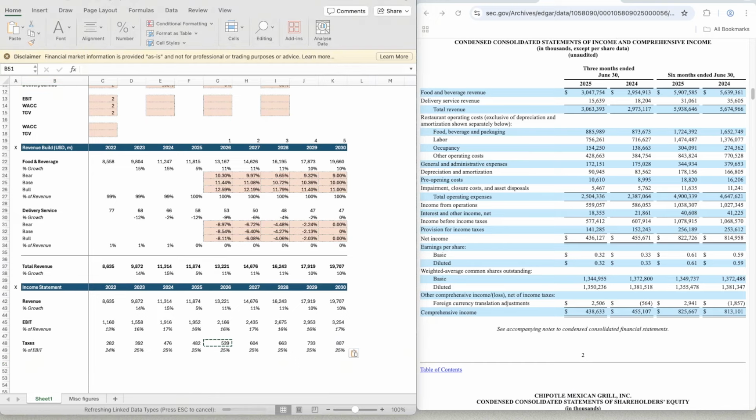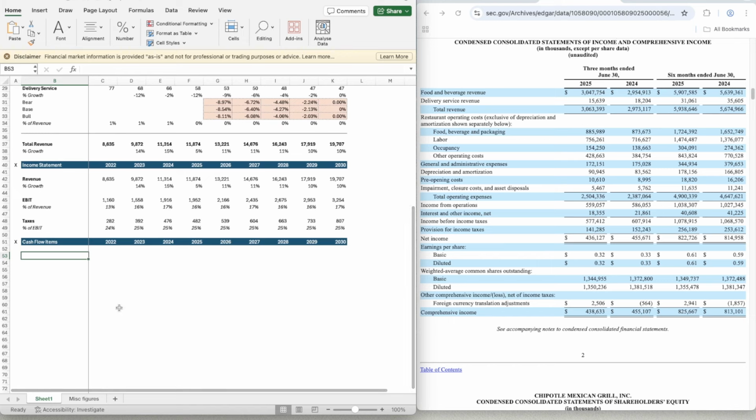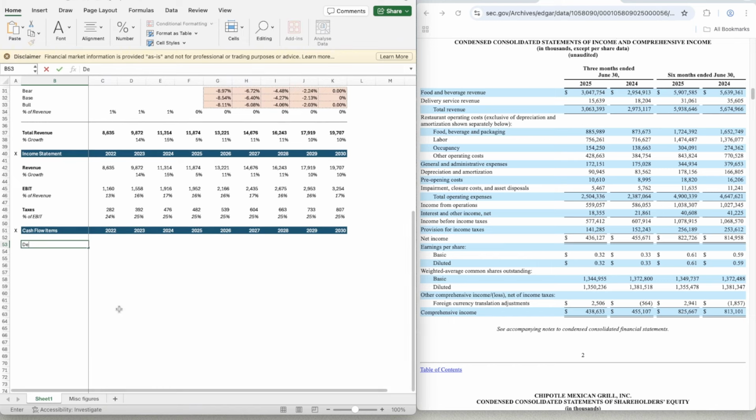So now that we have all of that, we want to go on to the cash flow items. These include depreciation and amortization, but we'll call it D&A, and we need the percentage of revenue there.